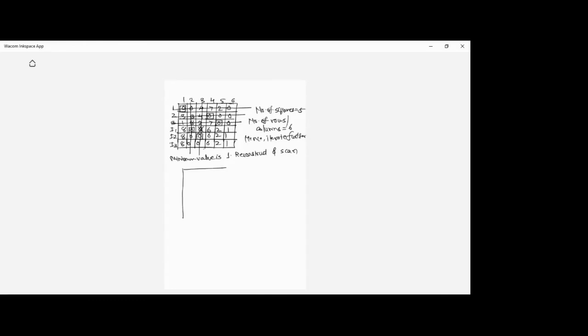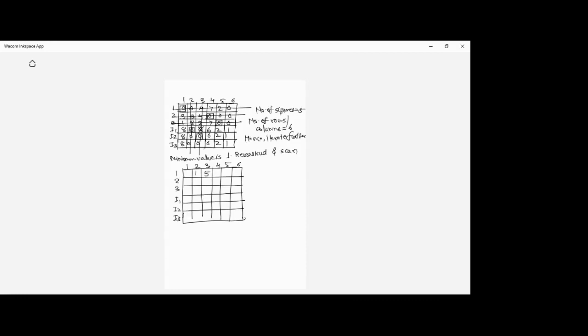So for the reconstruction purpose, 1, 2, 3, 4, 5, 6, 1, 2, 3, 4, 5, and 6, right? So 1, 2, 3, 4, 5, 6, 1, 2, 3, I1, I2, and I3 here. So 1 is to be added at the place where the intersection has happened, which is this cell.